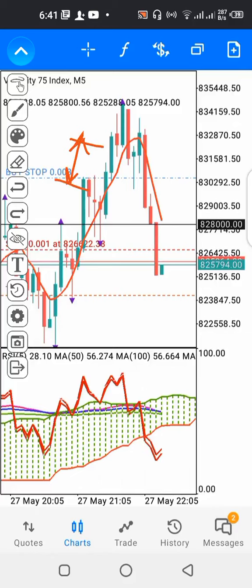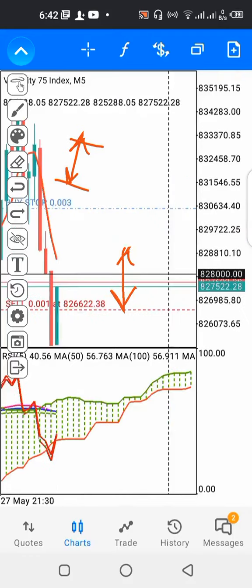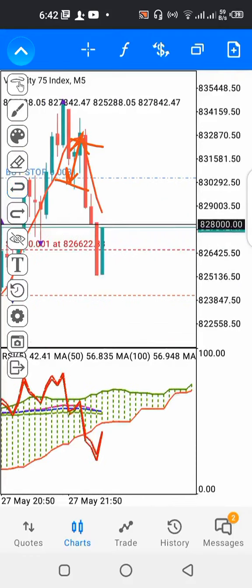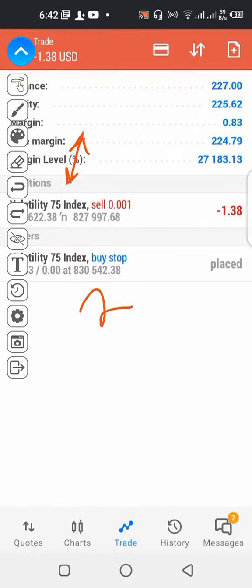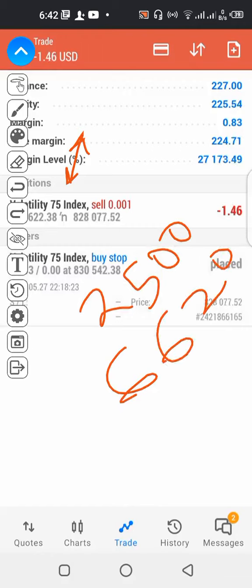Okay. And now what about stop loss? My take profit for this sell trade is 2,500 points, right? So the stop loss will be 6,620 points.